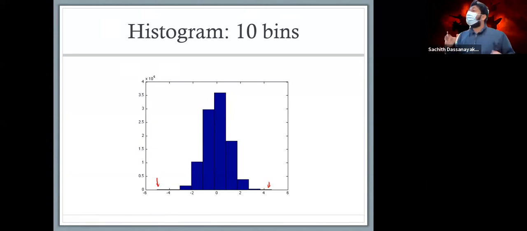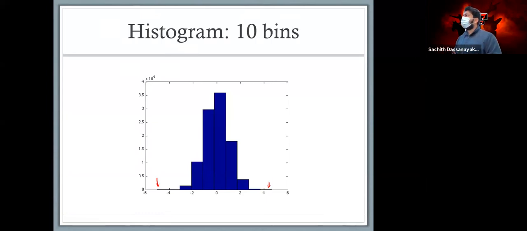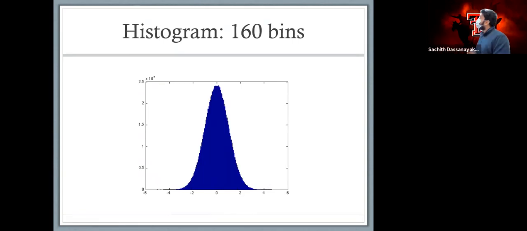Once I increase the number of bins, like here we have 10 bins, but if I split this into 160 bins, clear? Now in this case it is hard to see the shape. You can see that between 0 and 2 it has higher values. But once we split it further, like 160 bins, you can see some kind of a shape.